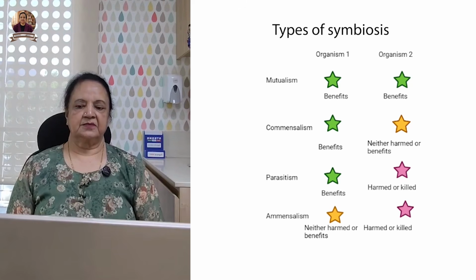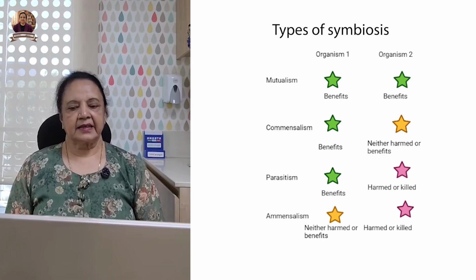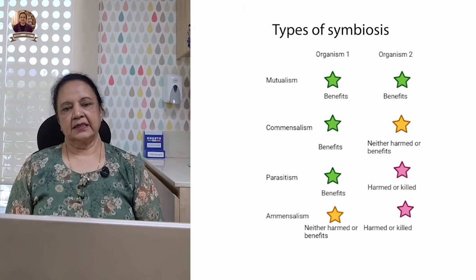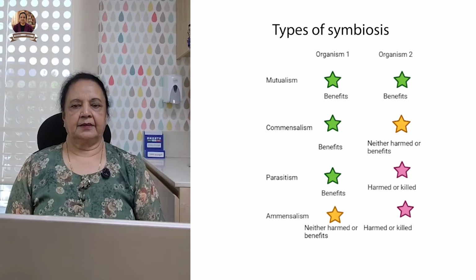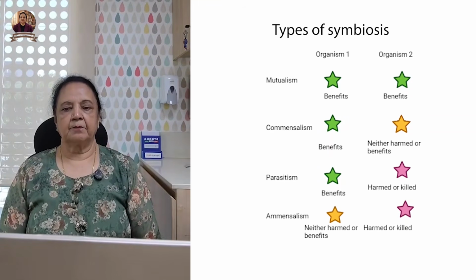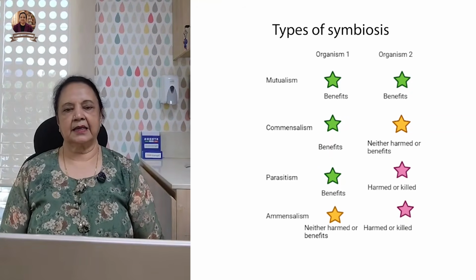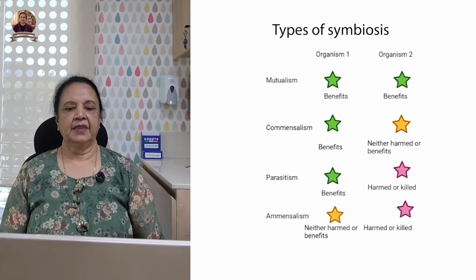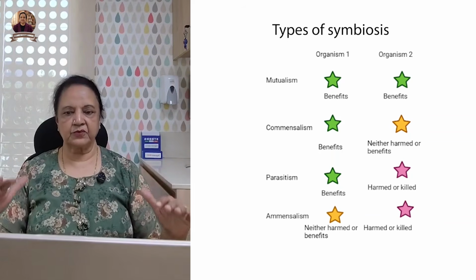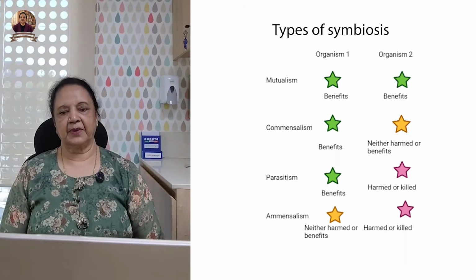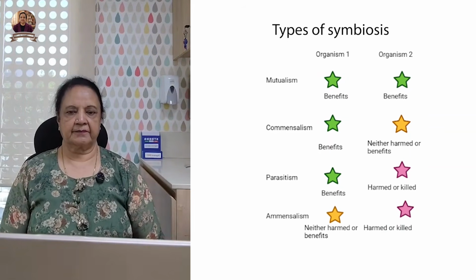The first one is predation, an interaction where one organism, the predator, kills and eats another organism, the prey. Example, a lion, the predator, hunting and killing a deer, the prey. Predation helps in transferring energy up the food chain and keeps the prey population in check.